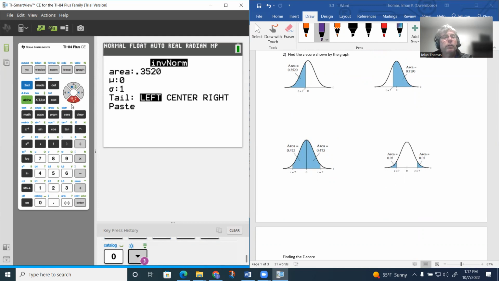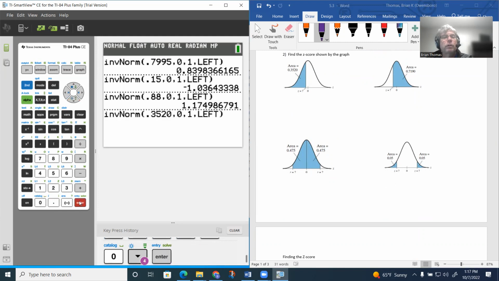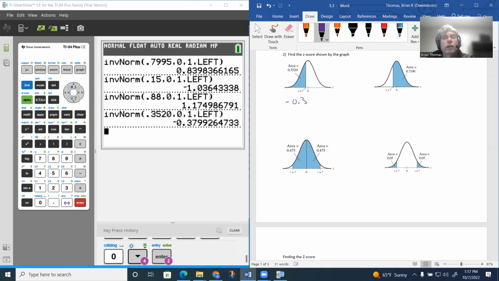Don't change anything else. Left is good. That's going to give me my z-score, this negative point. And that makes sense because we are left of 0 there. So my z-score would be negative 0.3799, since the 4th decimal place, that second 9, stays a 9 because of the 2 after it.